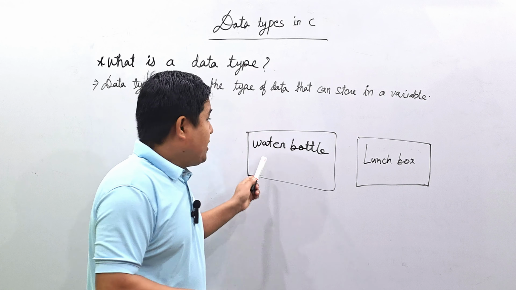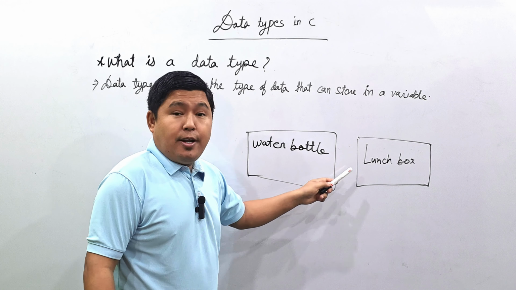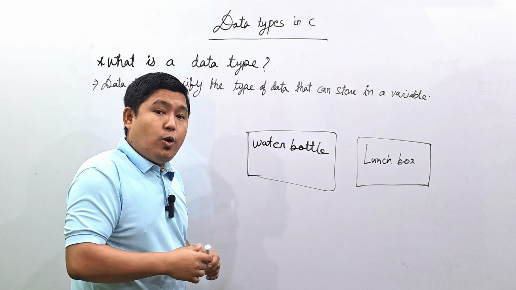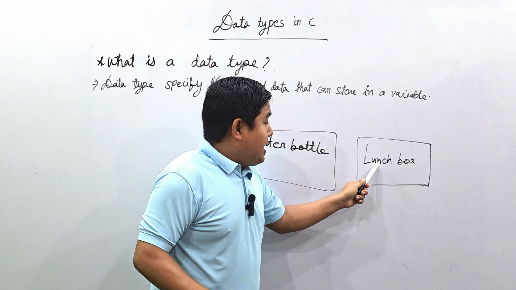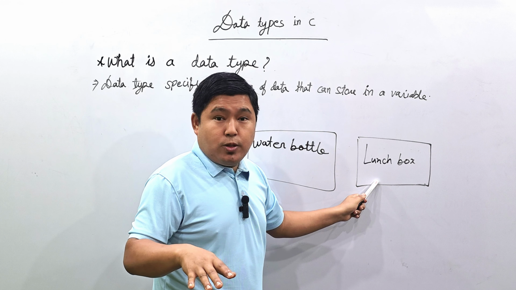Each container stores different items. In a water bottle we store only water, we cannot store rice and milk, right? In the same way, in a lunch box we can store only food, we cannot store clothes, right?